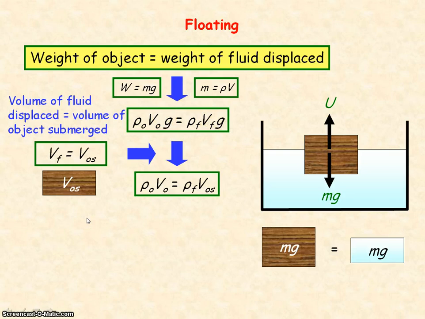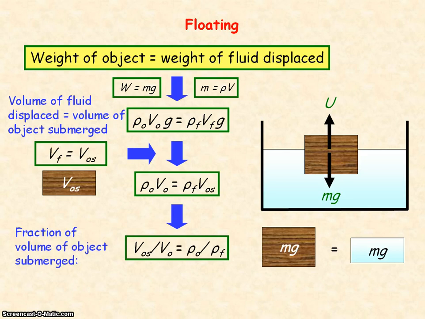And if we rearrange the equation to get the volumes on one side and the densities on another, we can see then the fraction of the volume of the object that is submerged in the fluid is equal to the density of the object divided by the density of the fluid.